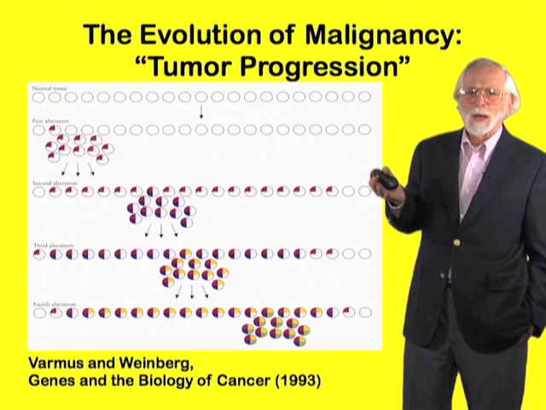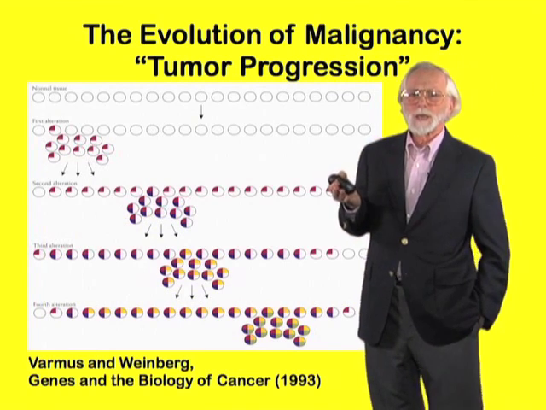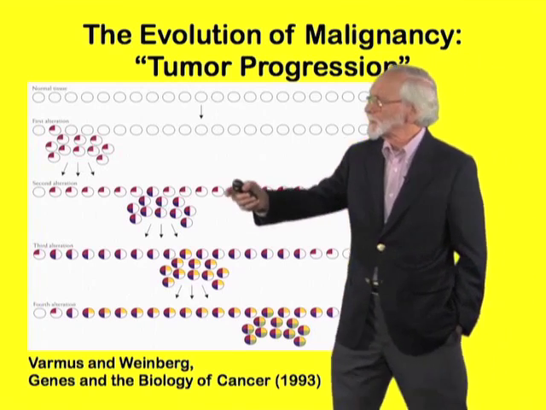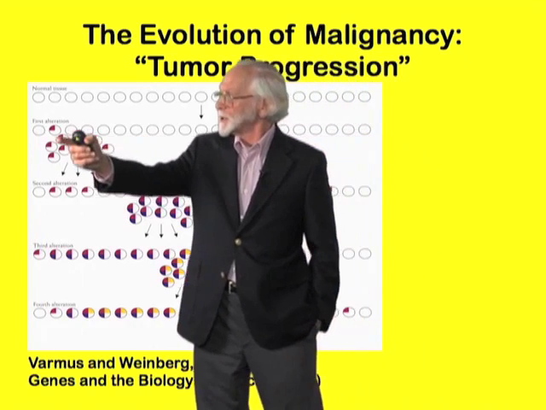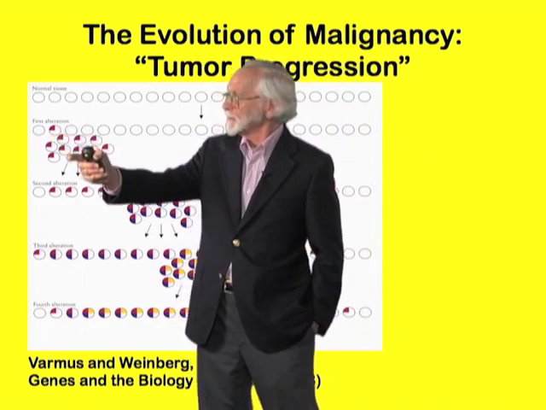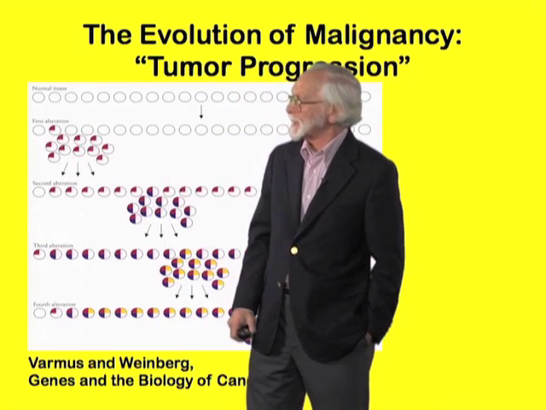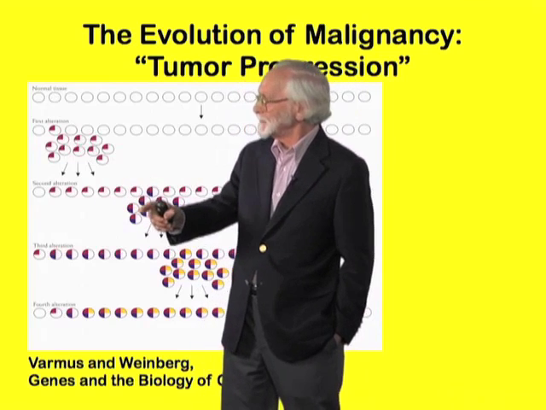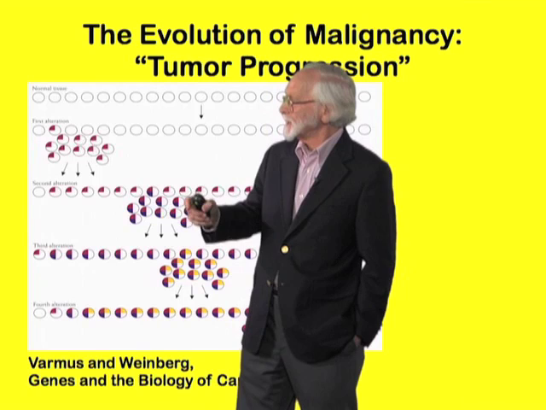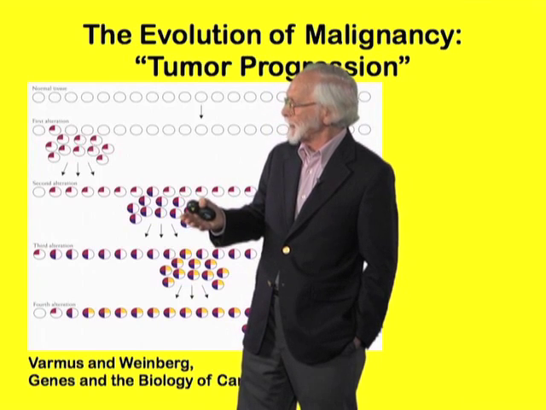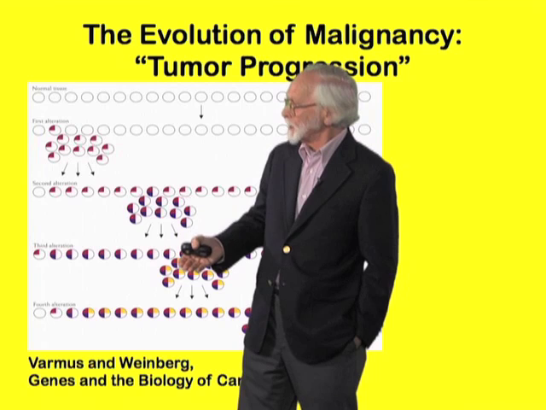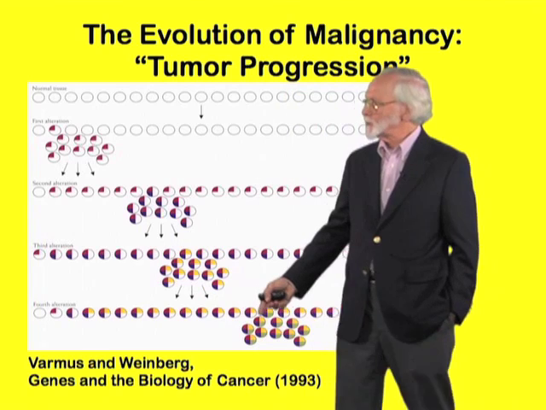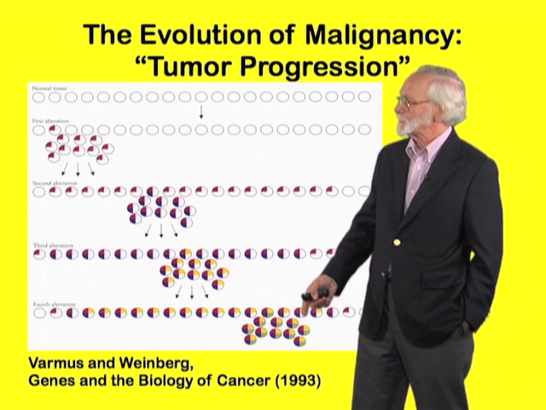If we look at this in a biological sense, we see evolution in miniature. An initial event occurs in a single cell, causing that cell to replicate. And then an event occurs in one member of that population that changes the cell yet again. And this happens multiple times, giving rise finally to a tumorigenic clone.